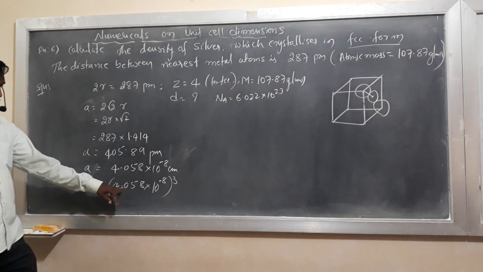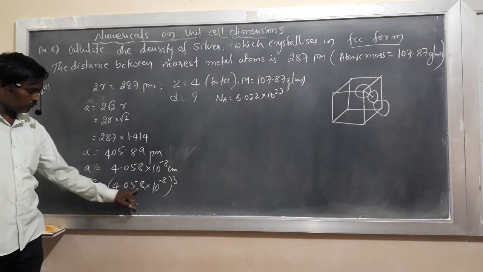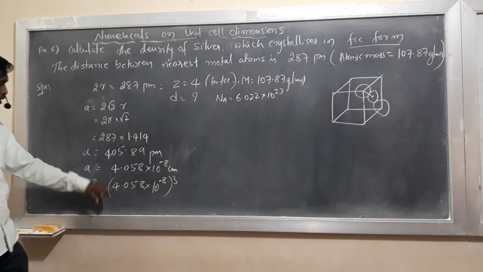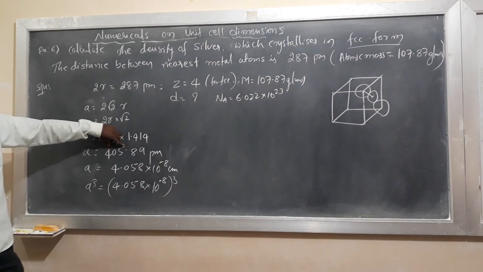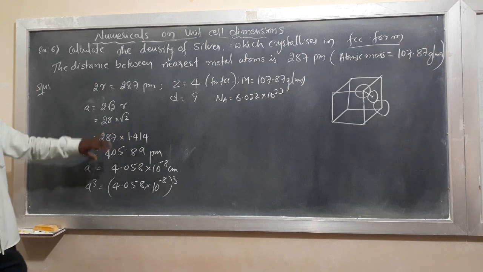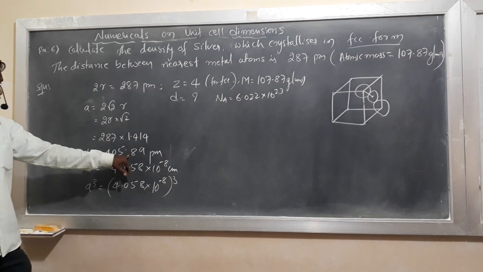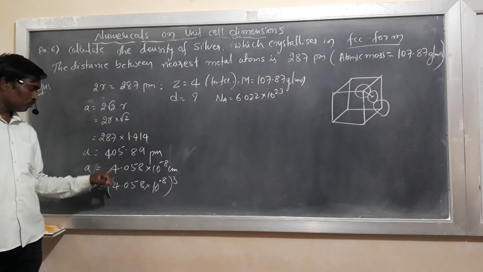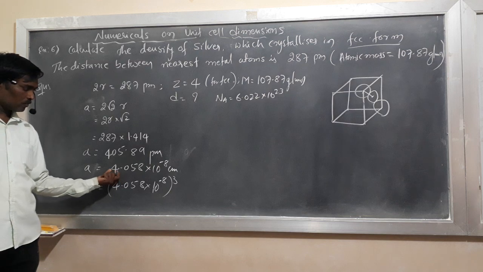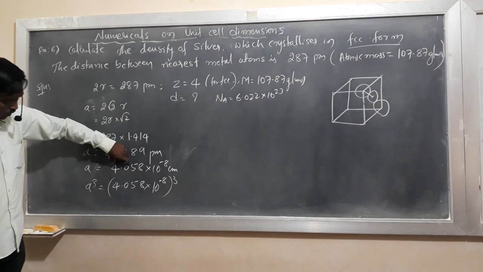So you can easily find the cube of this term, 4.0589 whole cube. If you take the cube of 405.89 in a simple calculator you may not find all the numbers. That's why we convert that 405 into 4.05. You can easily get all the numbers after cubing.